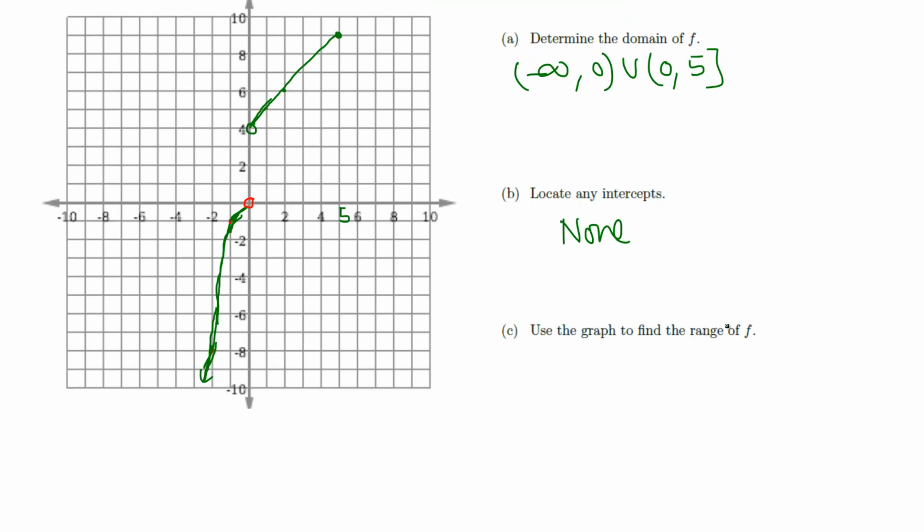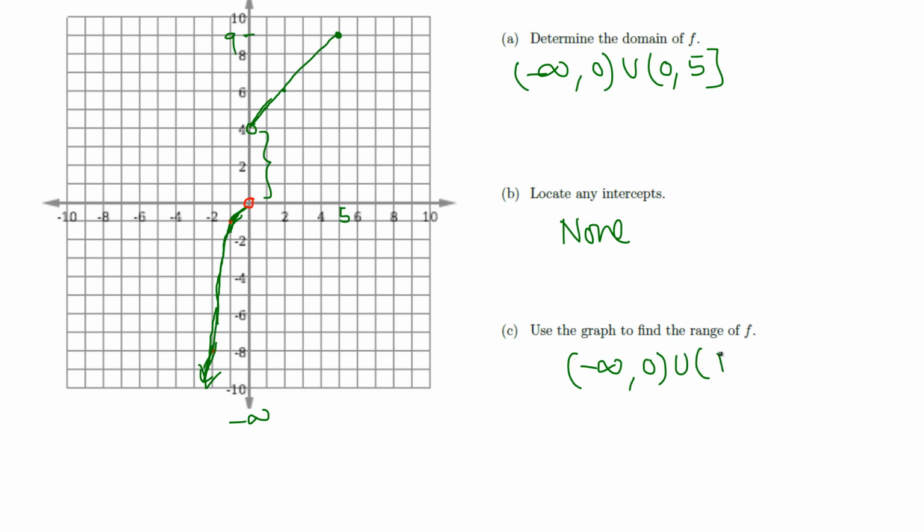Now we need to find the range. Range means, look, the smallest is going forever, so forever means negative infinity through up to almost 0. There is no 0 value though, so 0 is not in the range. Then we don't have 0, and these values are all skipped and it picks up at 4. 4 is not included, all the way to 9.